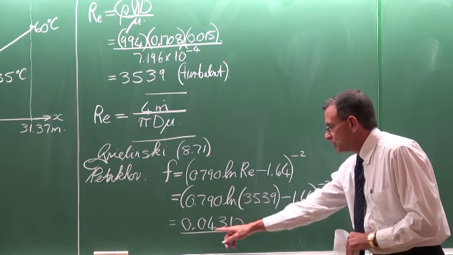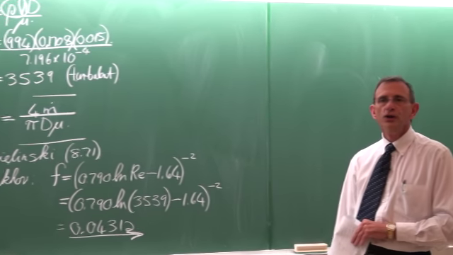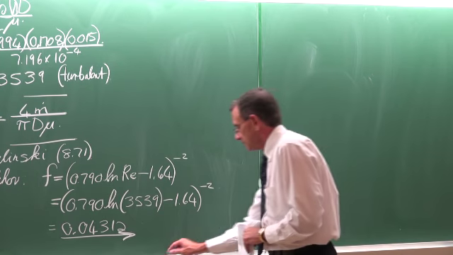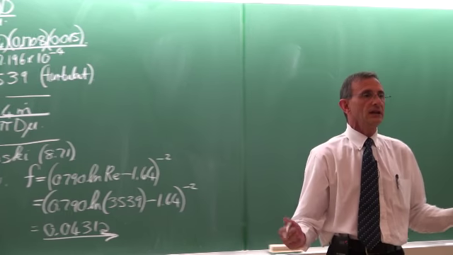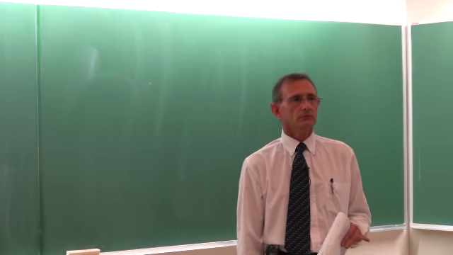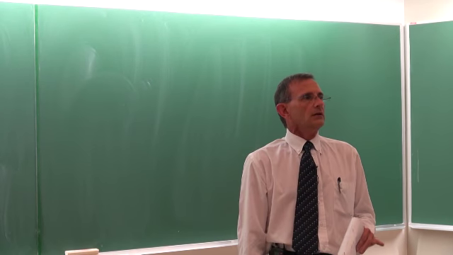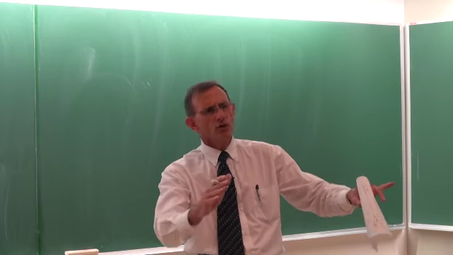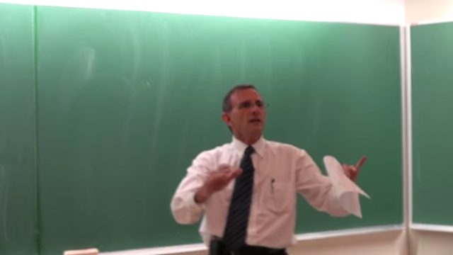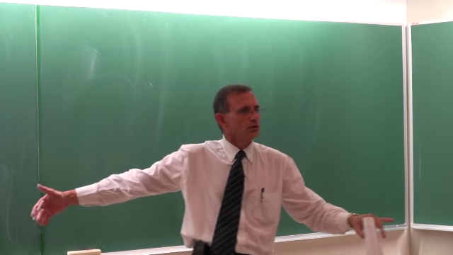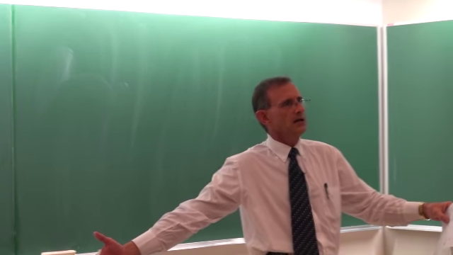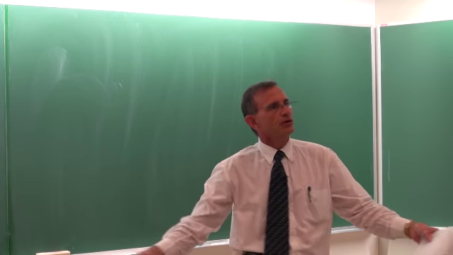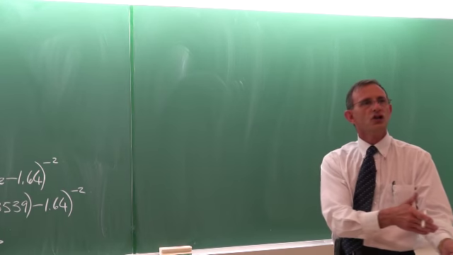Friction factor of 0.04312. Okay. Are you happy with that? As a responsible engineer, the first thing I would do is frown about it. The reason for that is it is very simple to make a mistake, and it is so simple to just go and look on your Moody chart.